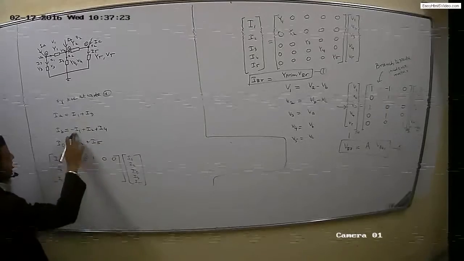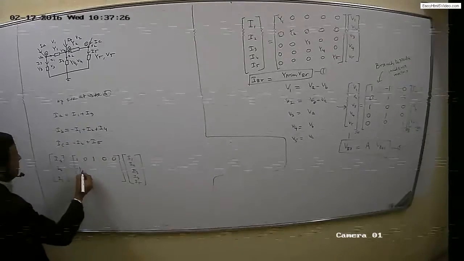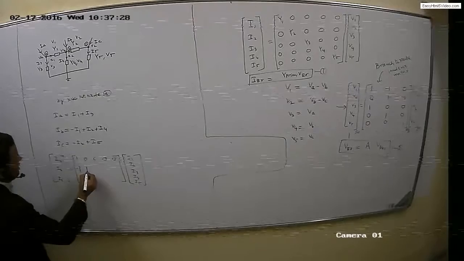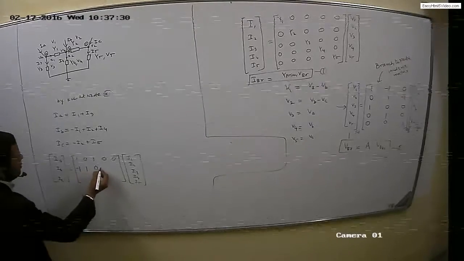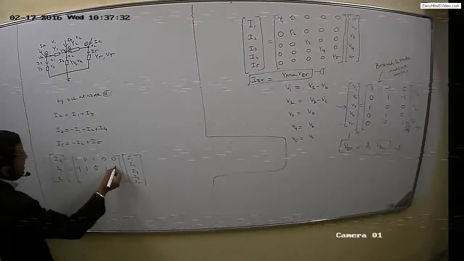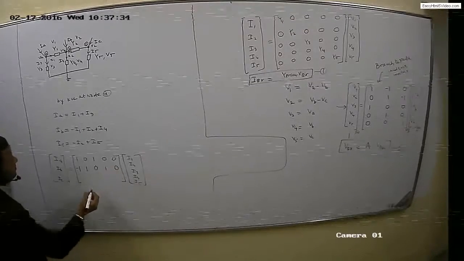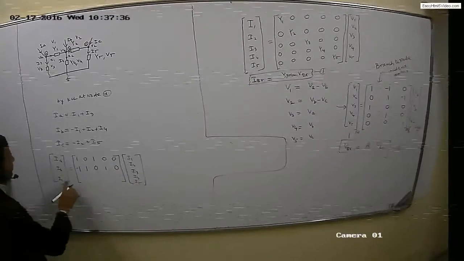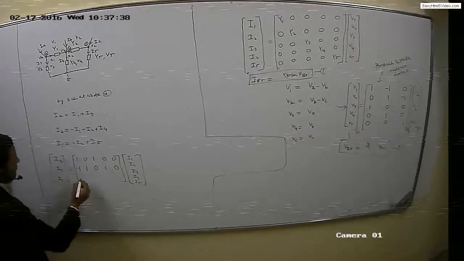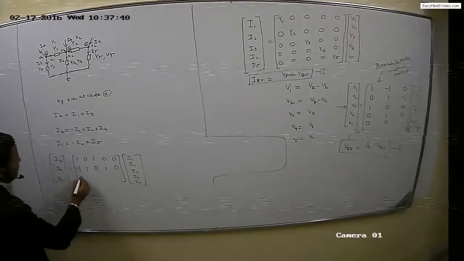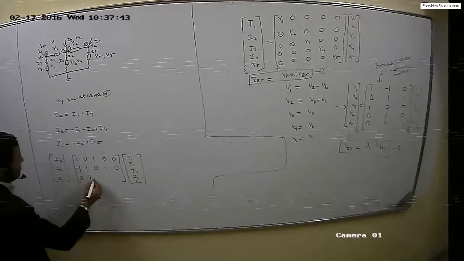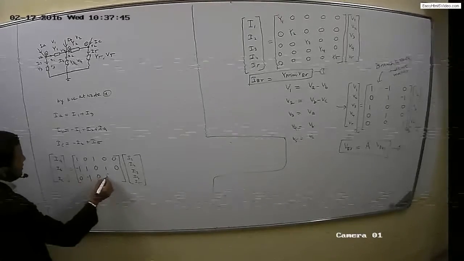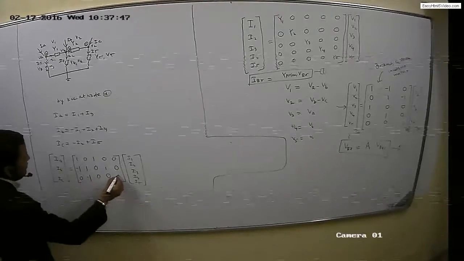I of B is equal to minus of I1, that is minus 1, I of 2 coefficient is 1, 0, I of 4 coefficient is plus 1 and it is 0. Now I of C is equal to minus of I2 plus I5, so first element will be 0, second element will be minus 1, third element will be 0, fourth element will be 0 and fifth element will be plus 1.